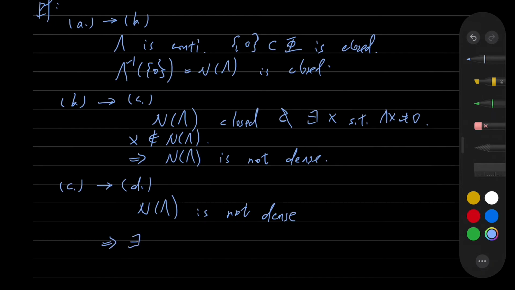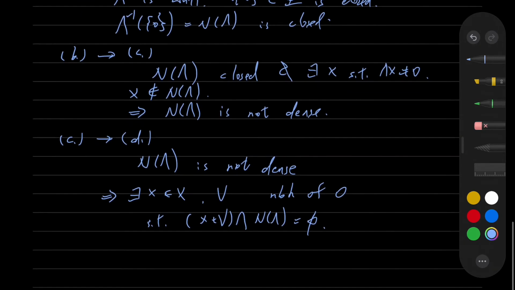This implies that there exists some X in X and a neighborhood V of 0 such that X plus V intersected with the null space is empty.